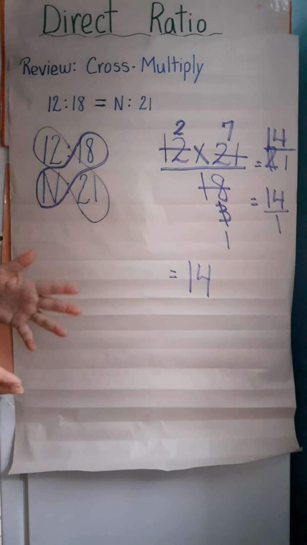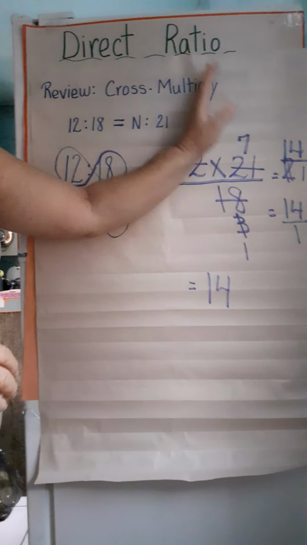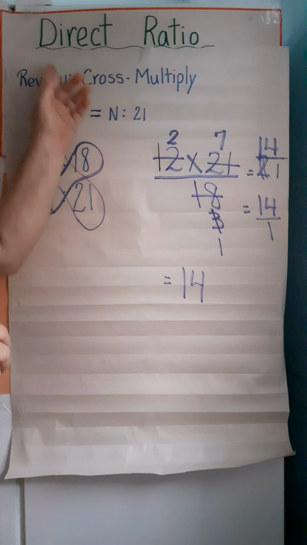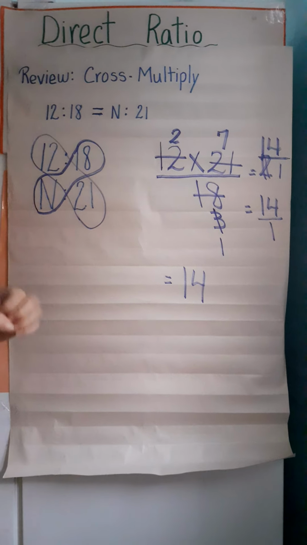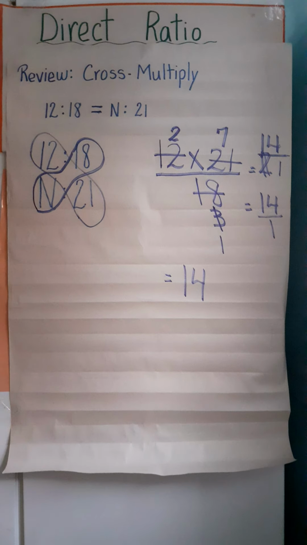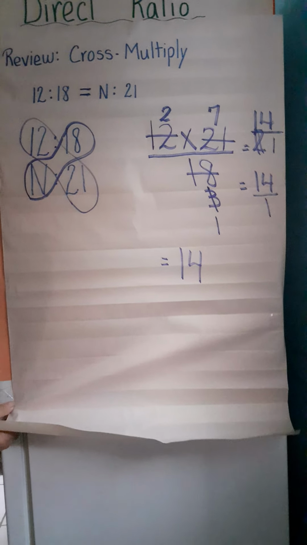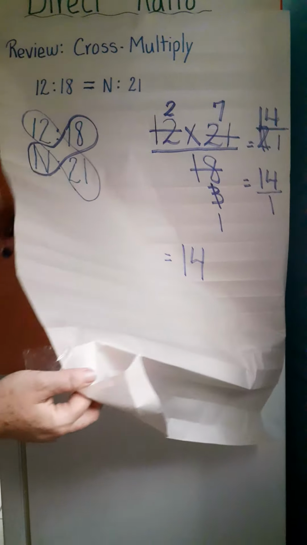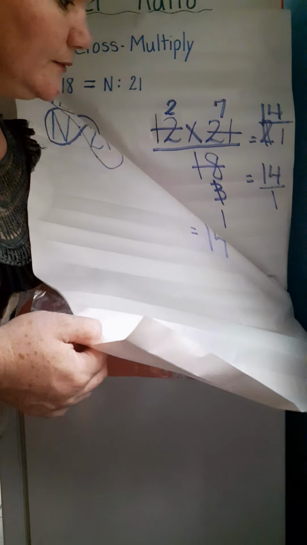Now we are going to be looking at how we use cross multiply or direct ratio in real life problems. Okay, so let's look at some real life problems where we need to use cross multiply to find the answer.